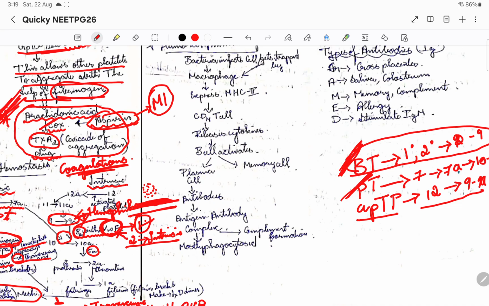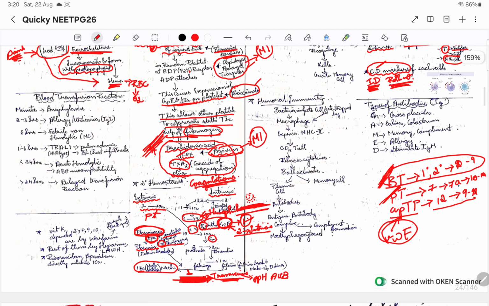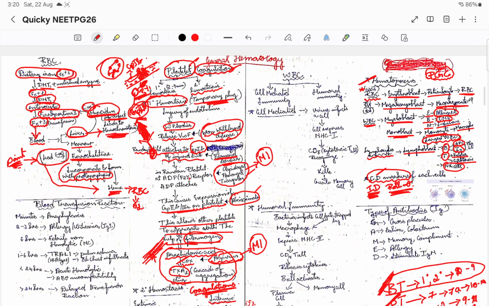And remember, we can also test whether the von Willebrand factor is working or not through APTT, because I told you, 8A is required along with the von Willebrand factor to convert 10 to 10A, right? So that is why in von Willebrand factor disease, this APTT is getting affected. We'll come back to that when I'm discussing the pathologies with respect to platelets and coagulation factors.